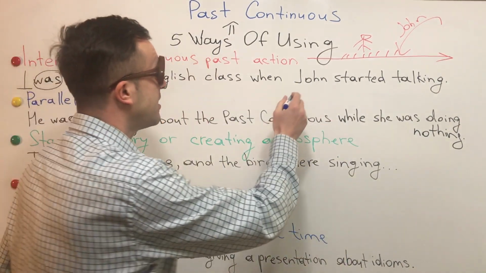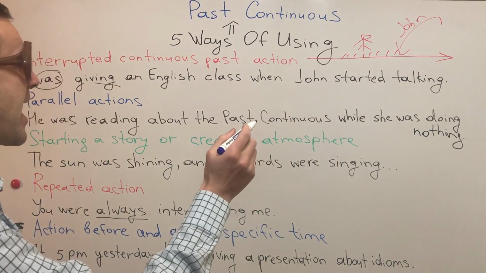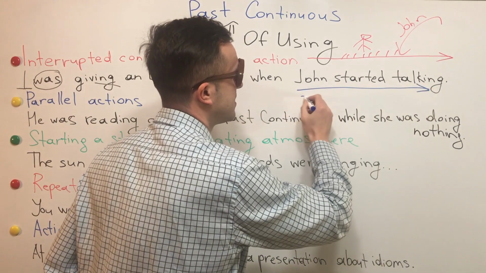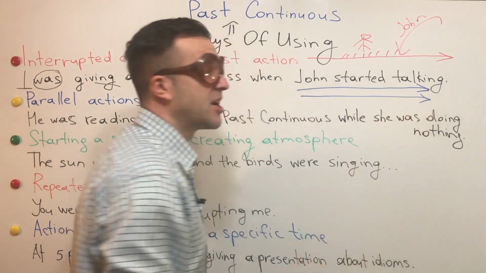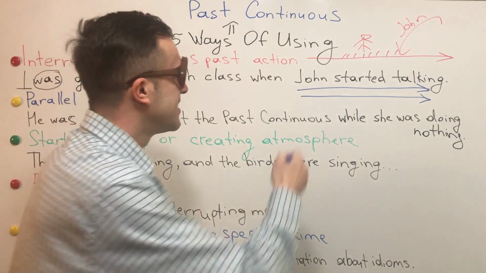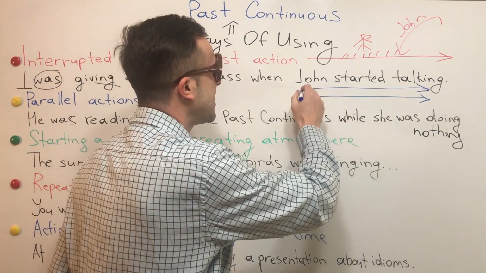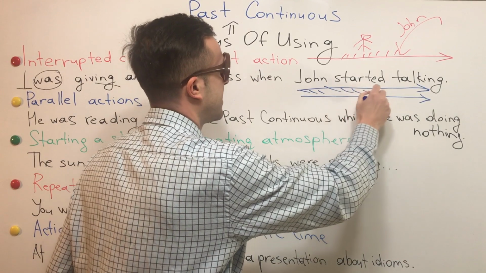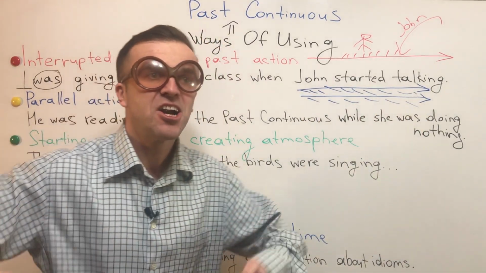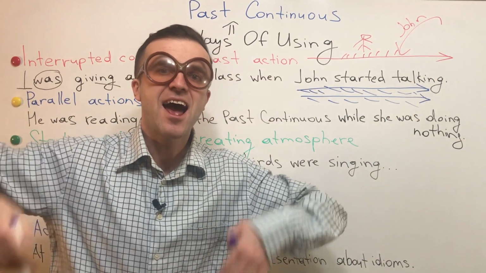So, in this case, we have 2 graphs, 2 lines that are going on simultaneously, okay? So this is he and this is she.